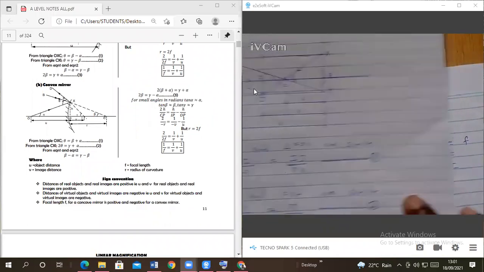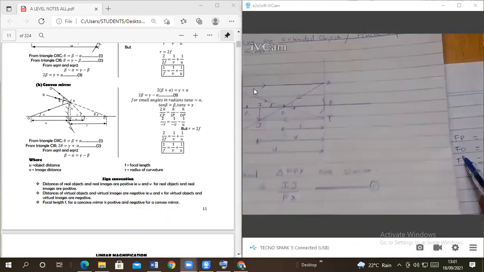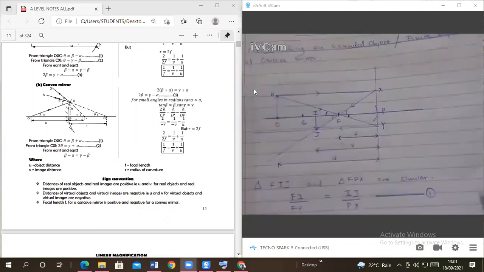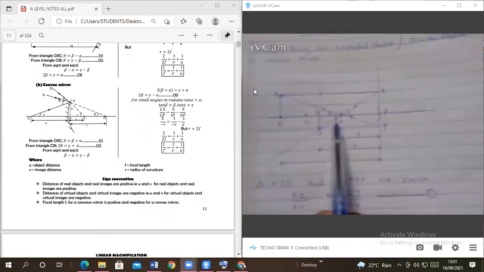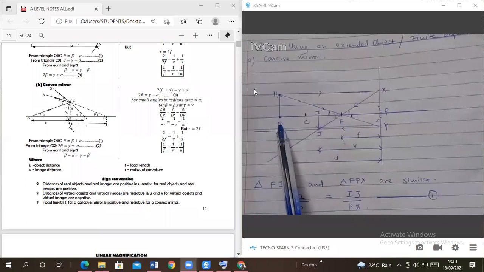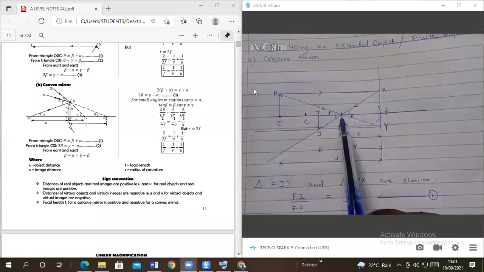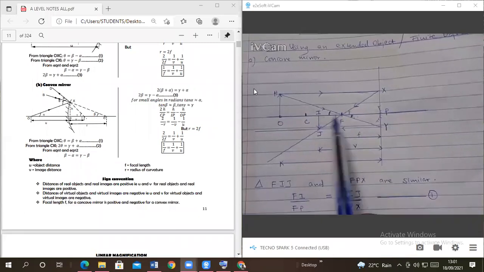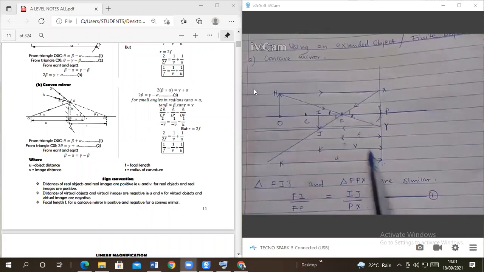Then let us look at another. We are looking for FO. So what is FO? How do we get FO? To get FO, we must get OP minus FP.